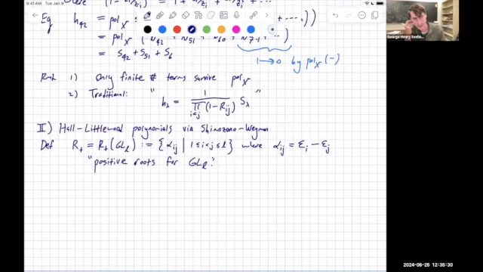And then associated with these roots, this collection of positive roots, we can define something called a root ideal.